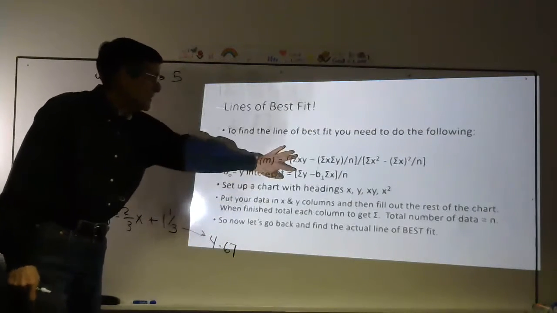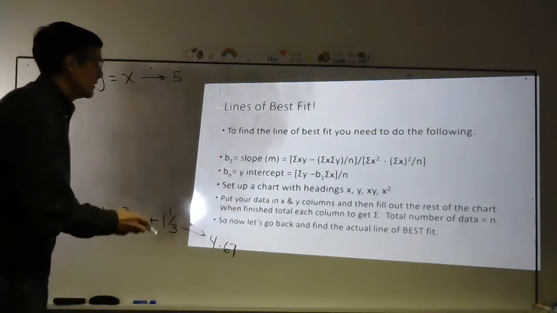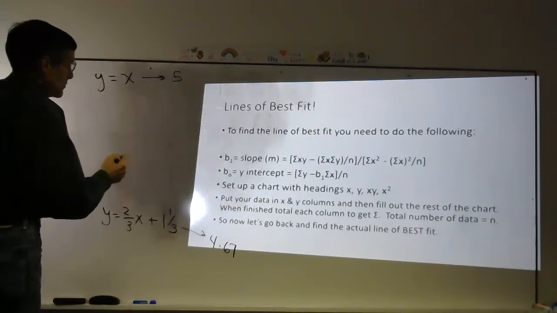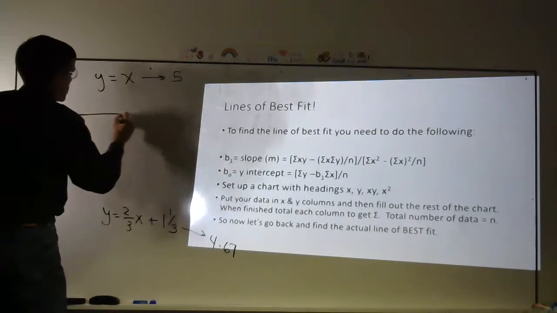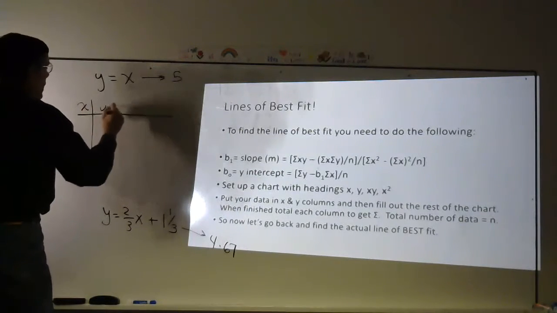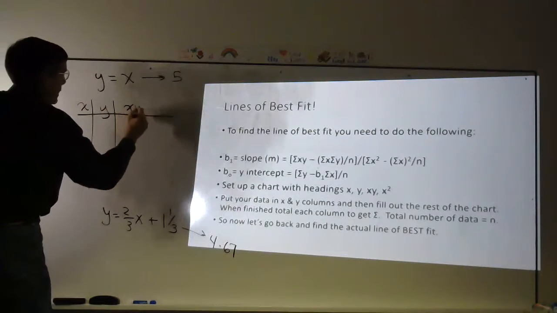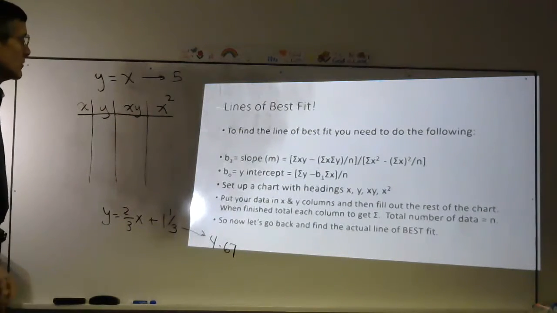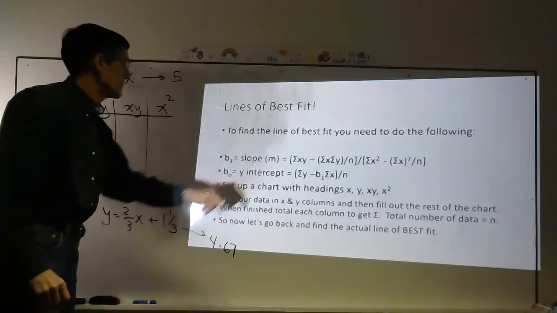To get these numbers, you've got to set up a chart with headings of x, y, xy, and x squared. So let's do that. So set up a chart. We're going to have x, y, xy, and x squared. Okay? All right, so let's do that. Put your data in the X and Y columns.